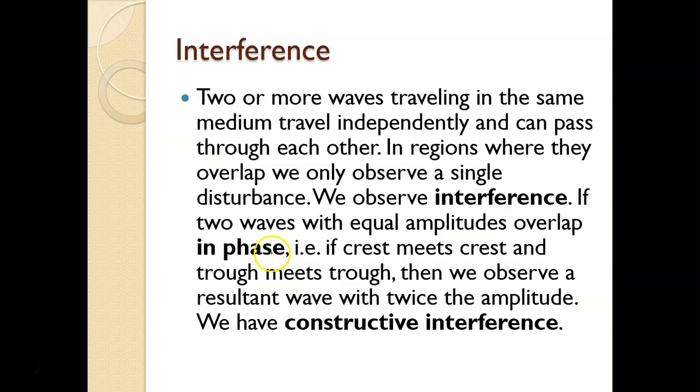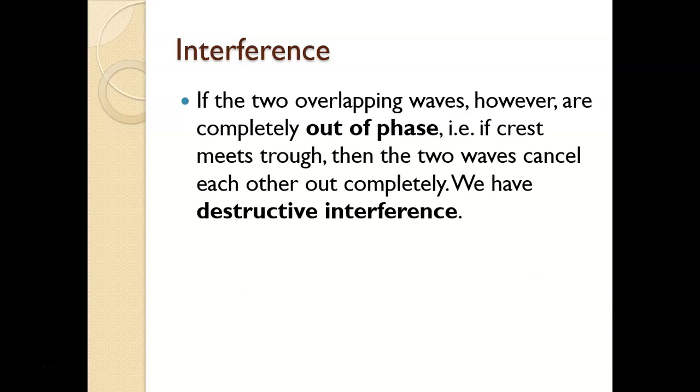Now, what happens if we have two of those that come together? What happens is the two waves produce an interference pattern. Two waves with equal amplitudes will overlap in phase where crest meets crest or trough meets trough, and that's where we'll see constructive interference.